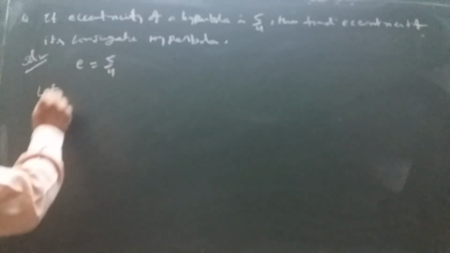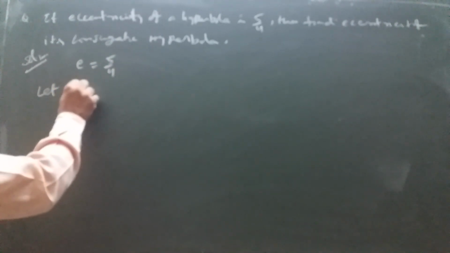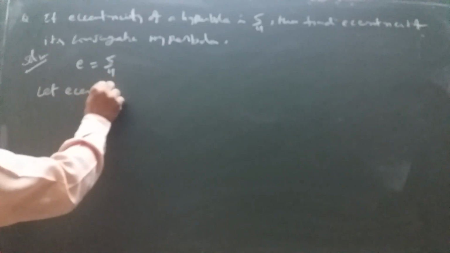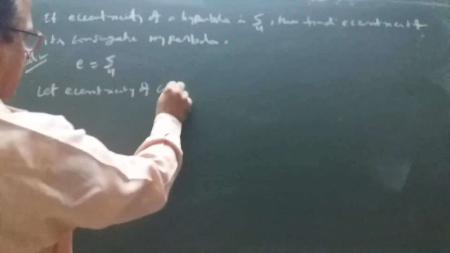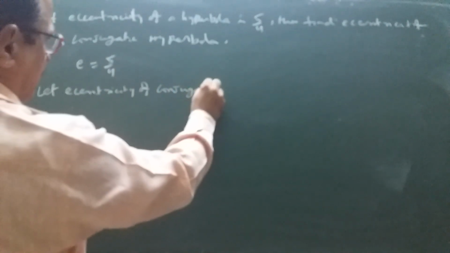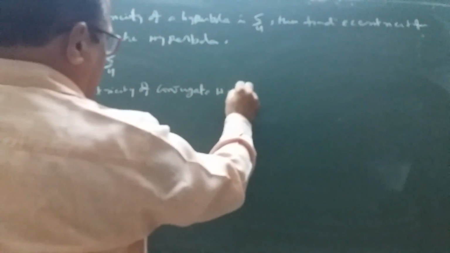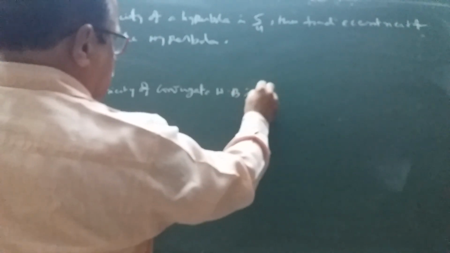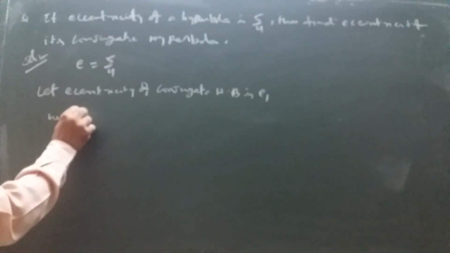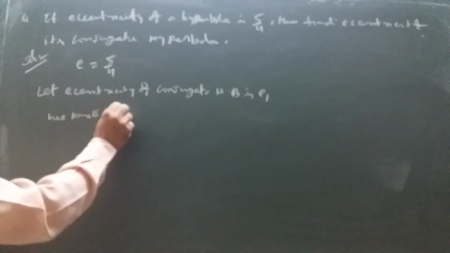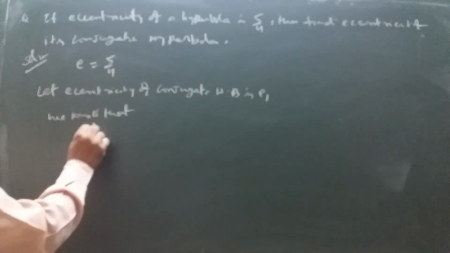Let eccentricity of conjugate hyperbola be E1. We know the relation, what is that relation?